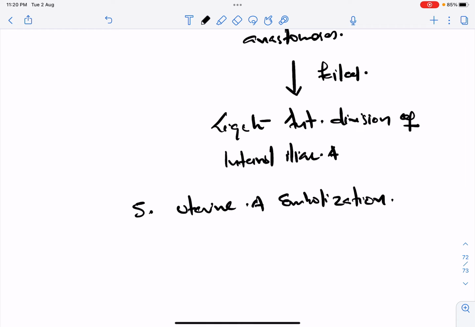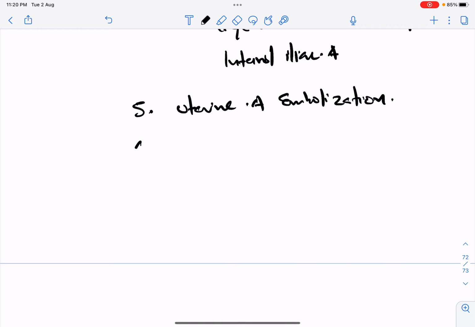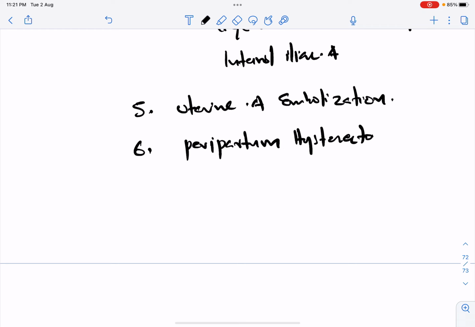And if it still persists, the last resort of management of PPH is peripartum hysterectomy. This is how you should manage a case of PPH.